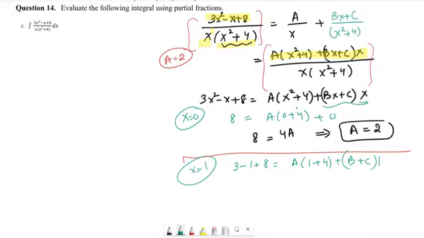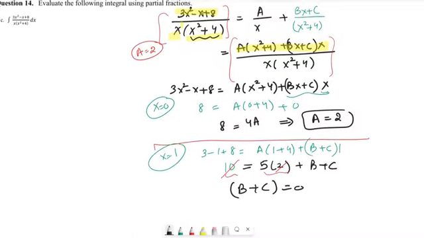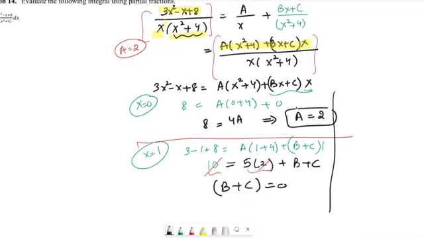That is going to give me 3 minus 1 is 2, plus 8, 10, equal to 5A, A is 2, plus b plus c. So this is 10. 10 minus 10 is 0. Therefore, b plus c equal to 0.